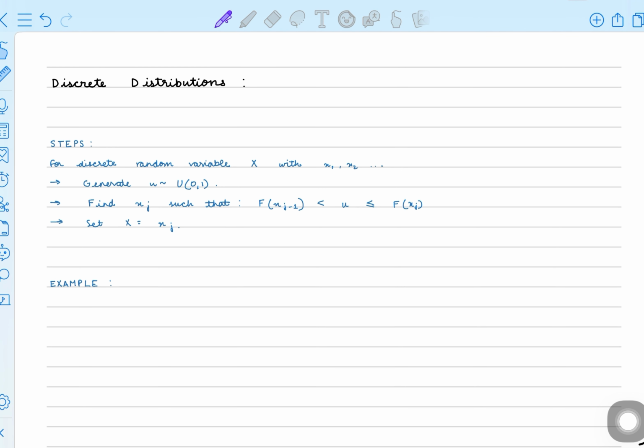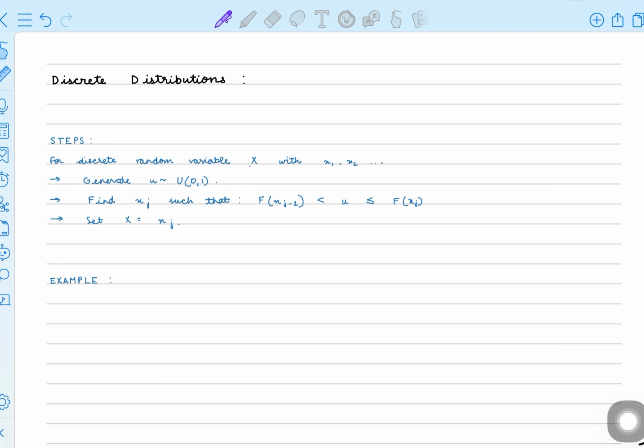Now, let's understand how random values from discrete probability distributions can be generated using the Monte Carlo simulation. We start by considering a discrete random variable X with known probabilities. Then we generate a random number u such that its values lie between 0 and 1.